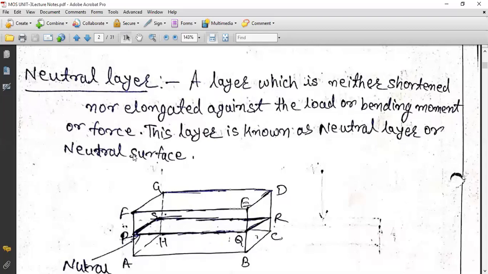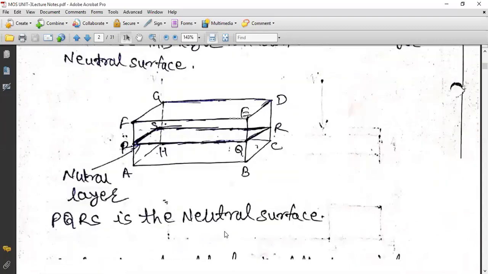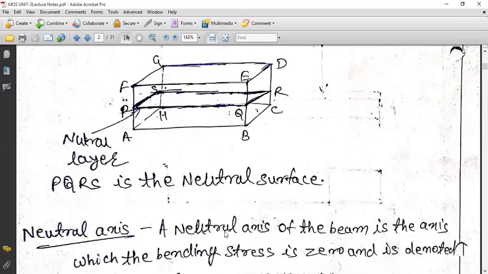So next is the bending moment. If you apply force, the portion PQRS should not be affected. That's why it is called the neutral layer. So neutral layer and neutral surface, you know.